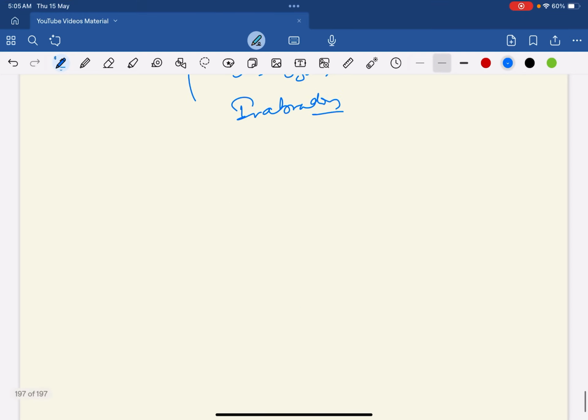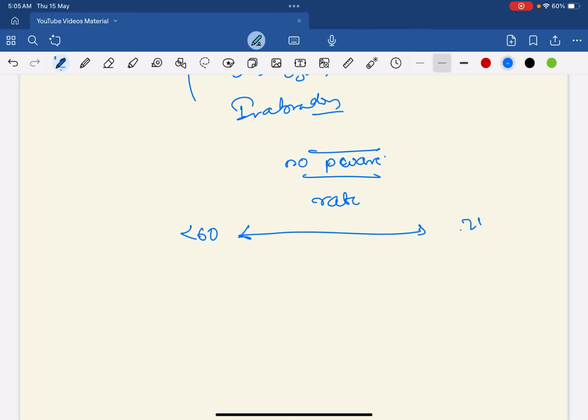And let's look at the causes of absent P waves in ECG. Whenever you get absent P waves, you have to see the rate, whether it is less than 60 or more than 100.